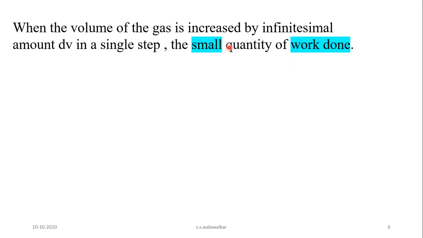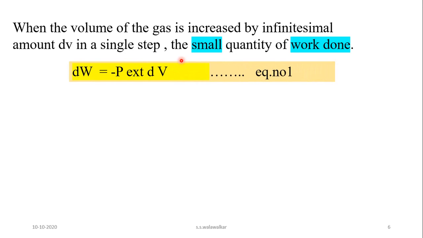When the volume of the gas is increased by an infinitesimal amount dV in a single step, some small work is done by the system. You have studied pressure-volume work and its expression.